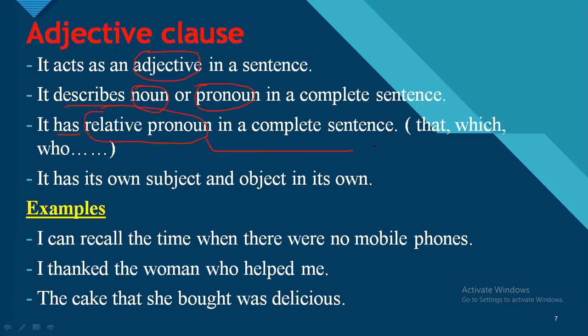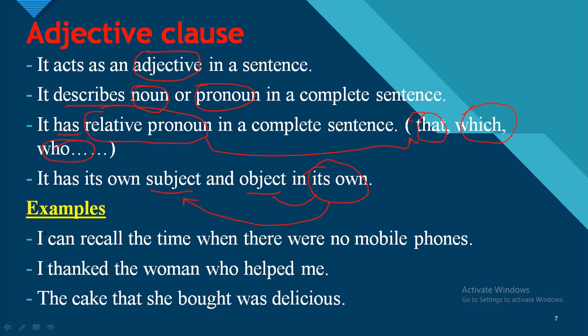It has a relative pronoun like that, which, or who, and the sentence can come with that, which, who, this kind of relative pronoun. It has its own subject and object in it. It gives us complete meaning.